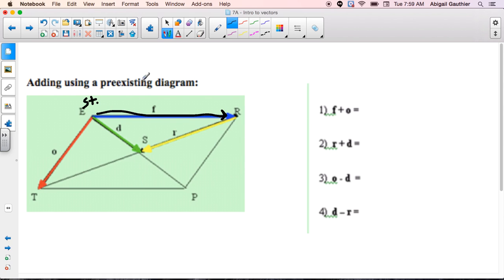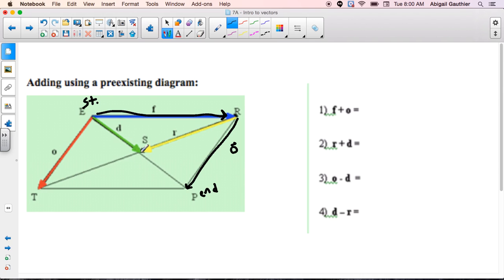Well, vector O is over here, but we said that that's the same as from R to P. This is also vector O. So if we travel all the way down from R to P, that means that we end right here. We started over here at point E. We ended at point P. What vector would get us there?